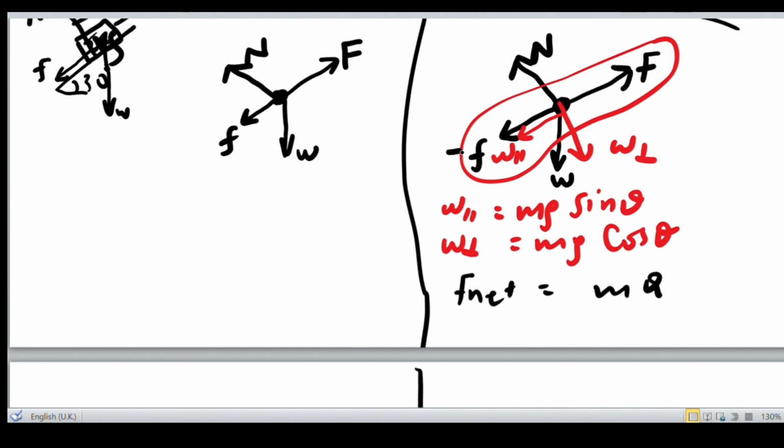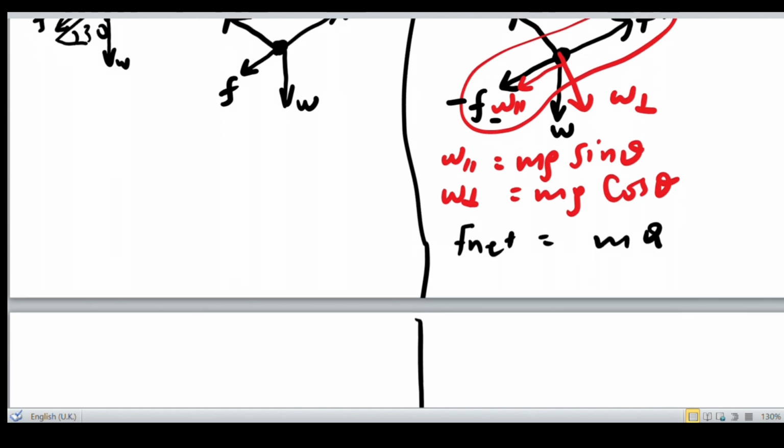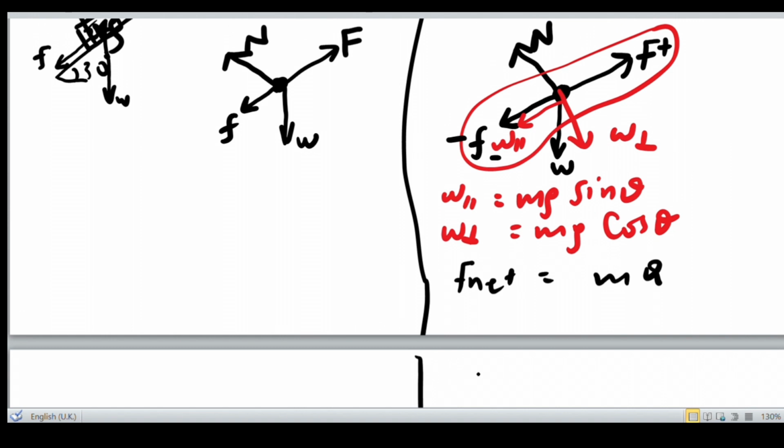The friction must always be negative, therefore W parallel is also negative, therefore F applied is positive, because the acceleration is also in that direction, therefore positive. So the net force now will be a positive force applied minus frictional force minus W parallel, that is equal to ma now.